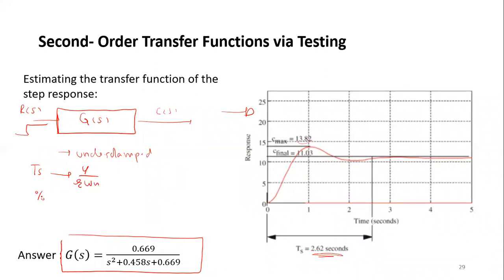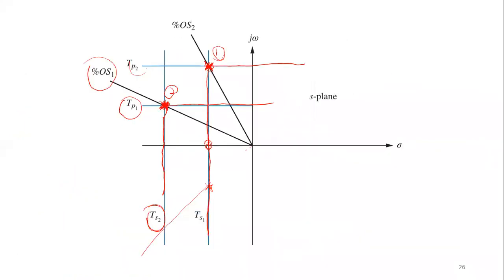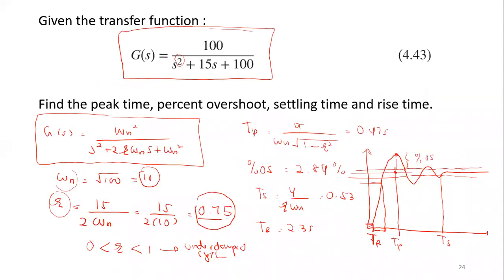And you know that the percent overshoot is equal to C max minus C final over C final times 100. So what formula am I using? This one.